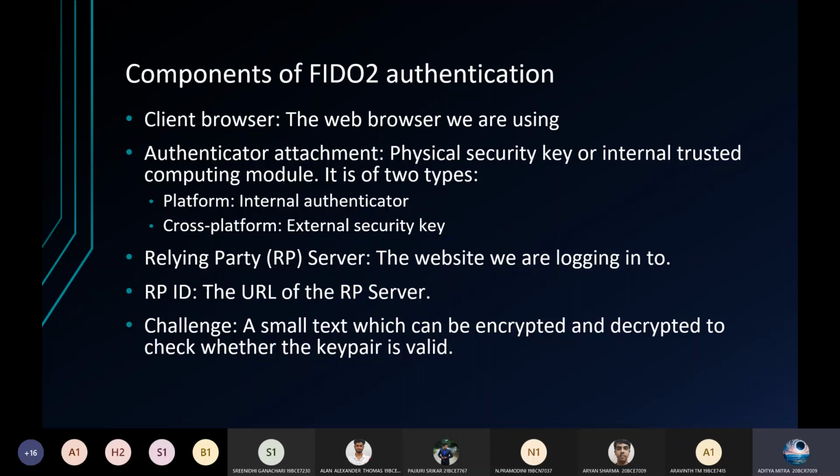Platform is the internal authenticator and cross-platform is the external security key. RP server is the website we are logging into. RP ID is the URL of the RP server. Challenge is a small text which can be encrypted and decrypted to check whether the key pair used is valid.